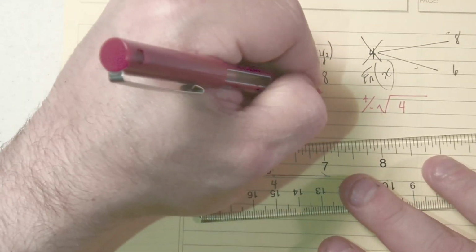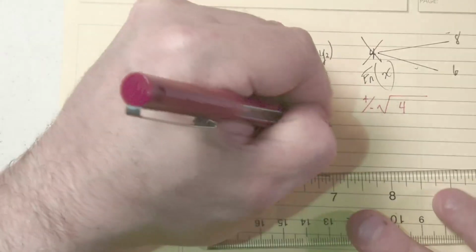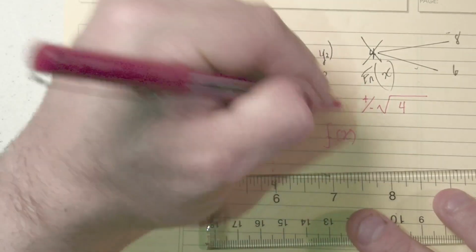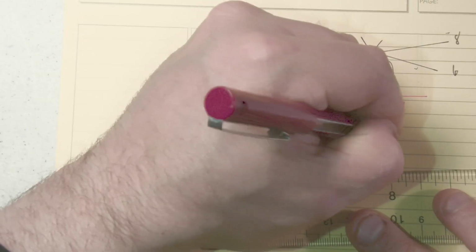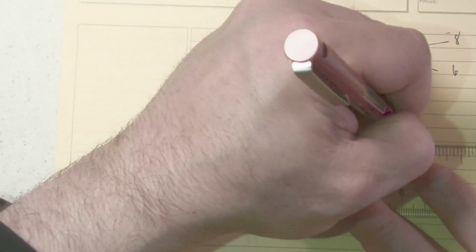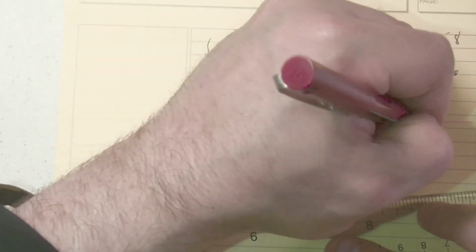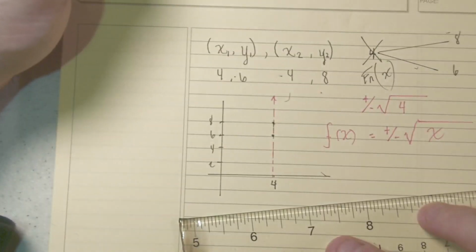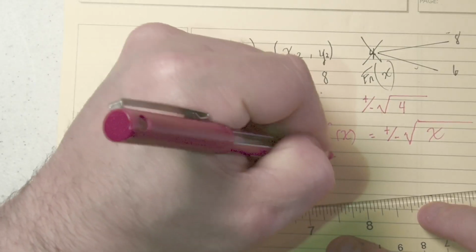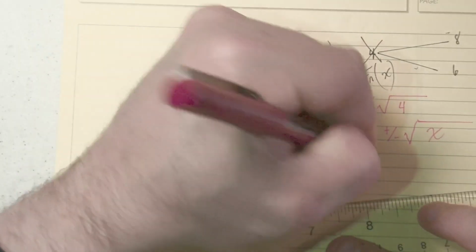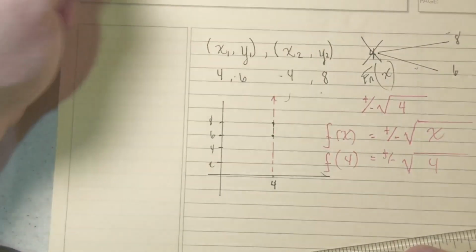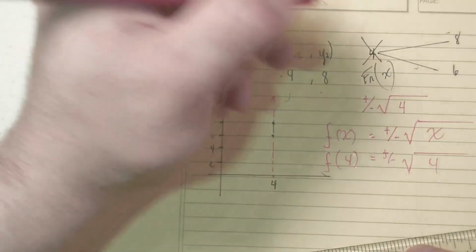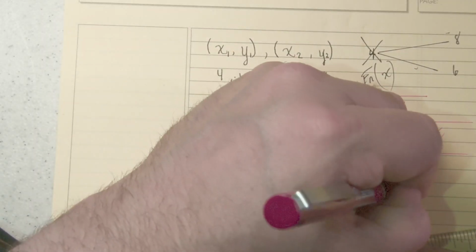So if you had f of x equals plus or minus, and you weren't told in advance to consider only positive values, and f of x equals the square root of x, and then I said, okay, let's plug in 4, f of 4 equals plus or minus the square root of 4, then you would tell me the square root of 4 is 2, so it's plus or minus 2.